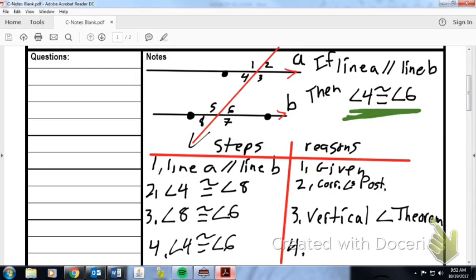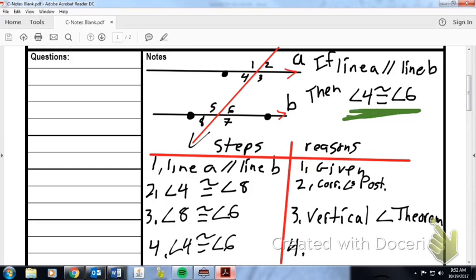And why does 4 have to be congruent to 6? Well, let's look at the two above it. We start off with saying that 4 is congruent to 8. Now remember that when we're talking about angles being congruent, we mean they have the same measures. So they're basically copies of the same angle. So I have this statement that 4 and 8 are the same, and 8 and 6 are the same.